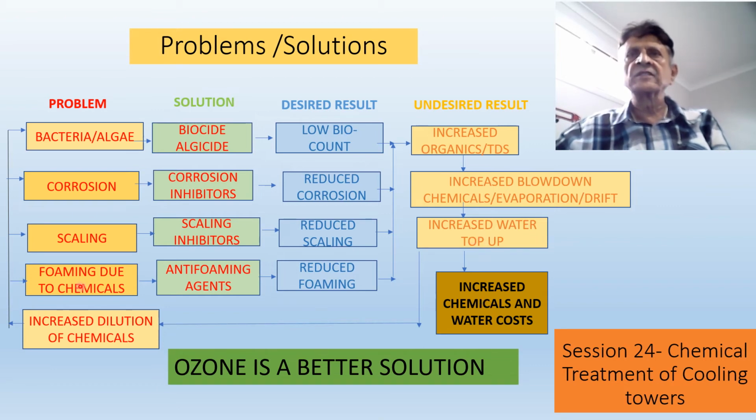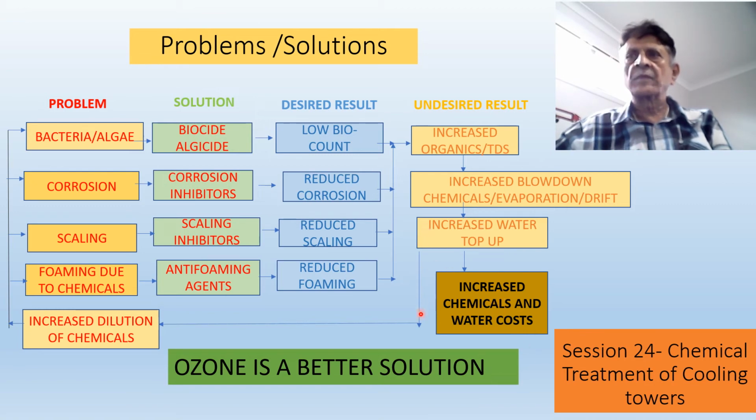Foaming due to chemicals, solution is anti-foaming. You reduce the foaming, but you will increase the TDS in organics, increase blowdown, increase chemical, and increase water top-up, and increase chemical costs.